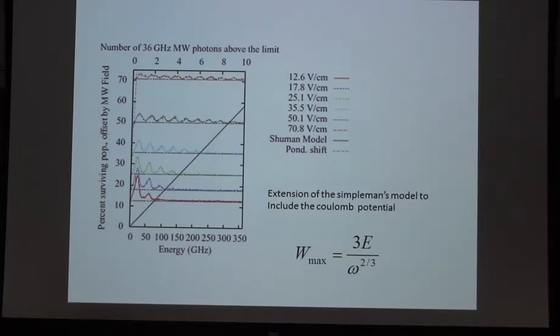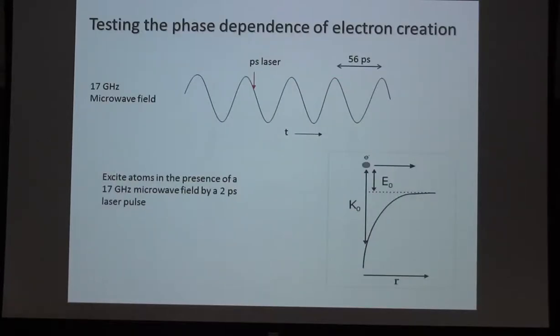And so this is a graph of the prediction of a simple model as to the extent of the energy transfer. Of course, this picture essentially assumes that there is a phase dependence, because I'm basically claiming that depending upon when I create the electron in this microwave field, it will wind up with a different energy.